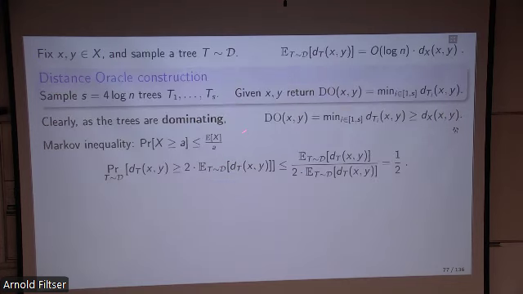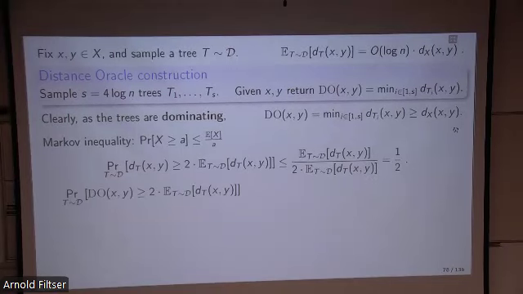This means that the probability that the distance from x to y will be twice larger than the expected distance is, by Markov inequality, the expected distance divided by twice the expected distance. This is just a half. Meaning that by Markov inequality, the probability that you get twice the expected distance is at most half.